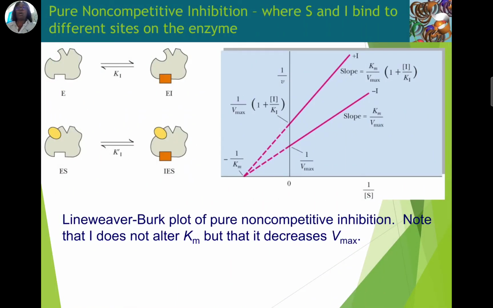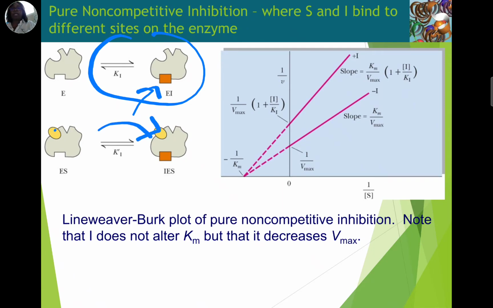If it's pure non-competitive inhibition, S and I, i.e. the substrate and the inhibitor, bind to different sites on the enzyme. So if we look here, we see that in this case, we have the inhibitor binding at a site that is not the active site, while the substrate binds at the active site.